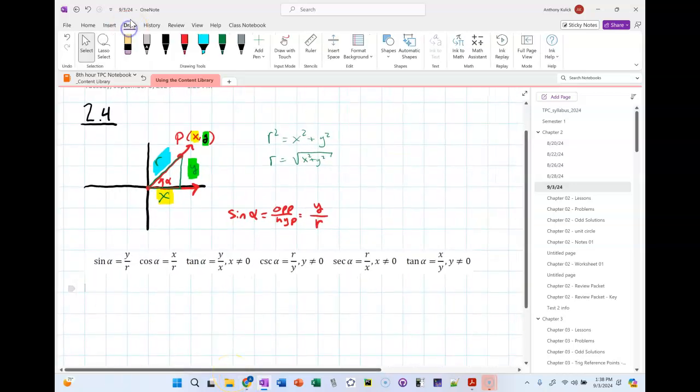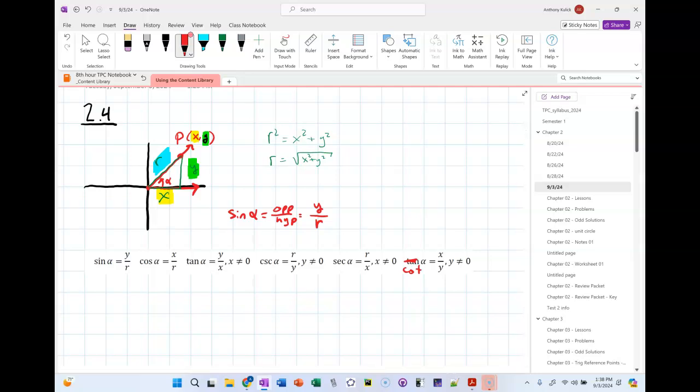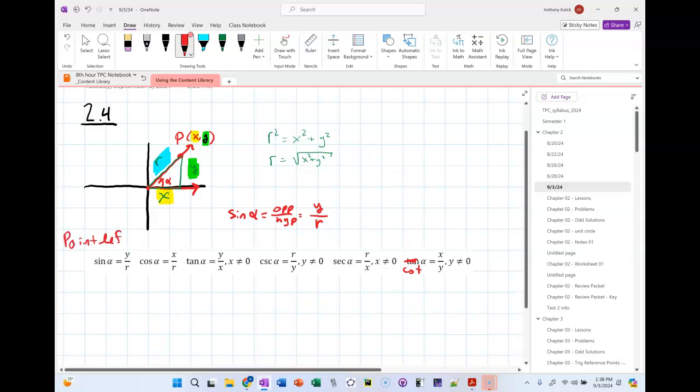And this is a typo. This is what we call our point definition for sine, cosine, and tangent, because all we need to use this is a point on the terminal side of our angle.